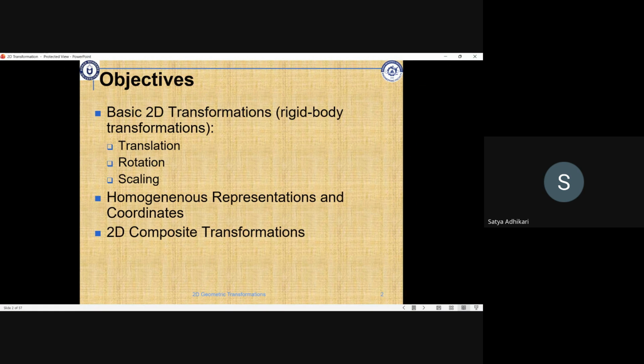We can combine them, that is, translation then rotation, or first rotation then translation, or translation, rotation, and after that scaling. So if we apply more than one transformation method, translation, rotation, or scaling, to a single image, it is called 2D composite transformation.